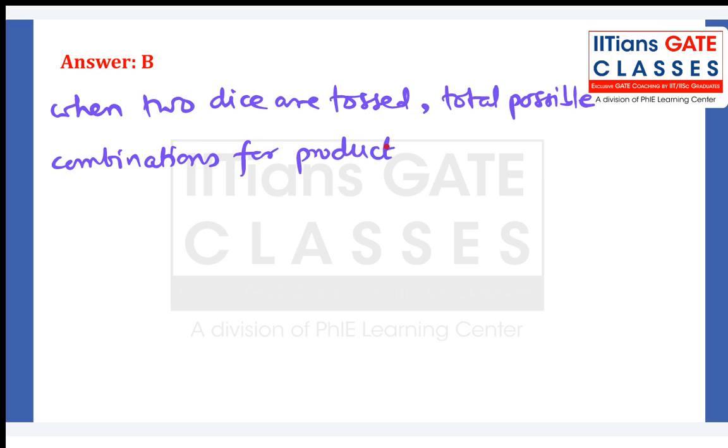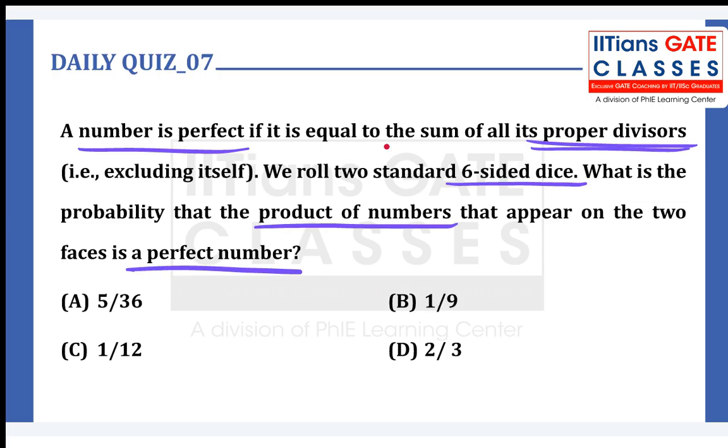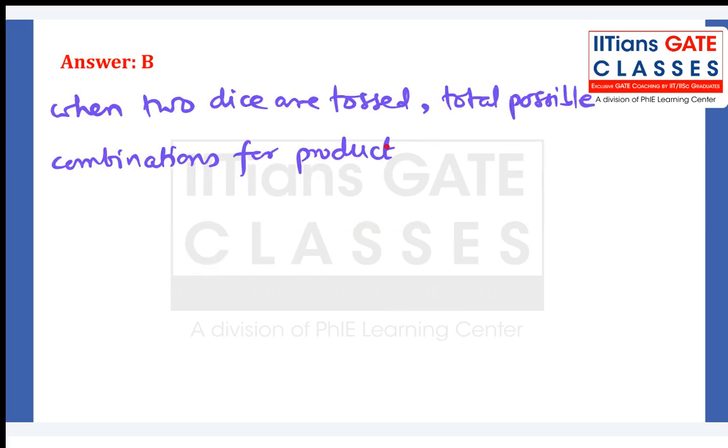I mean, in this question, each die will have one number, right? But their product will be another number that has to be a perfect number. But how many such products are possible? That will be 6 into 6, right? 36.